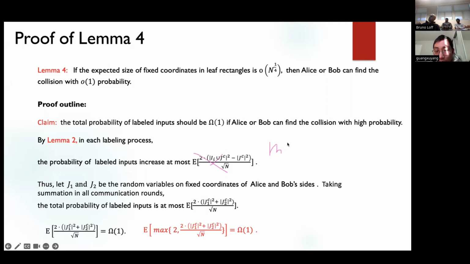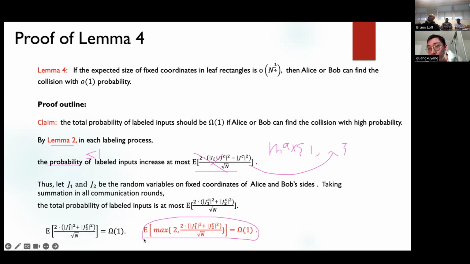You should take the maximum of 1 and this quantity. That means we can modify number 2 into this kind of form. Since this is a probability, we can upper bound it by 1. So this is why we have this kind of claim.